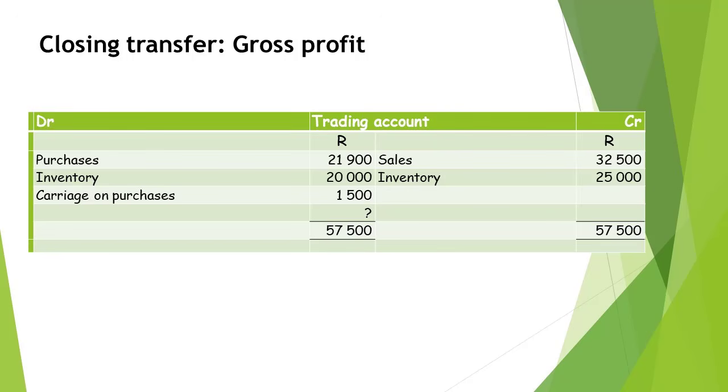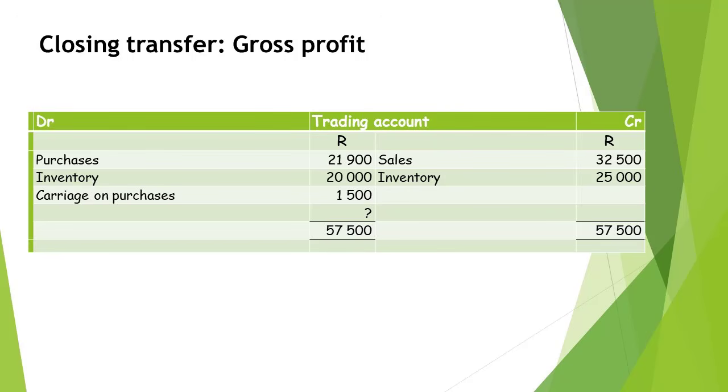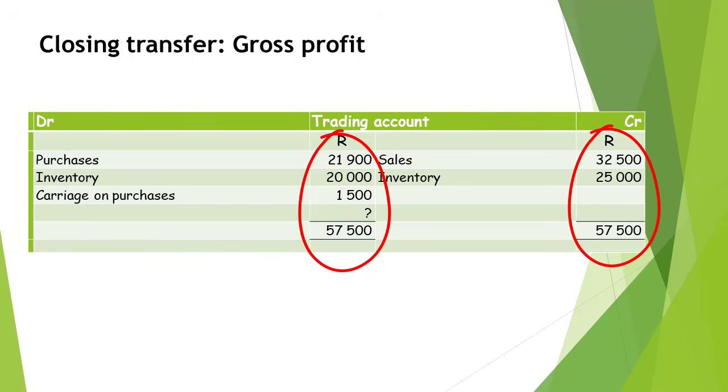In our example, the total on the credit side is bigger than the total on the debit side. The gross profit to be transferred is 57,500 Rand less 43,400 Rand equal to 14,100 Rand. In order to close the trading account, we will need an entry on the debit side. Remember that a closed account will have a zero balance, which means that the total of the account on the debit side must be equal to the total of the credit side.